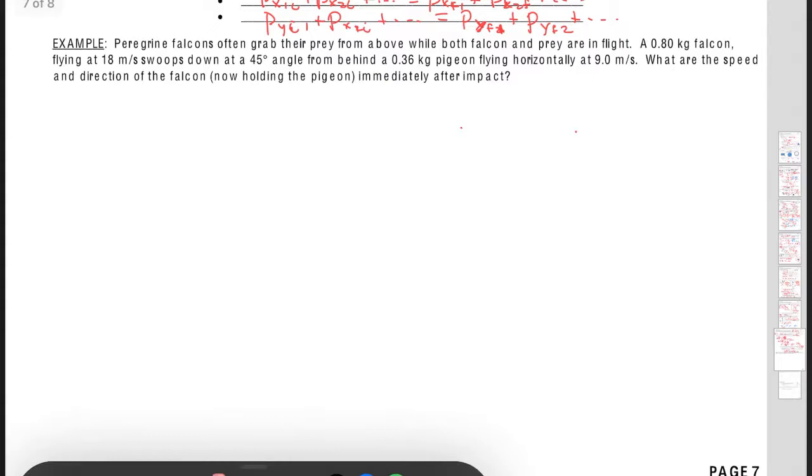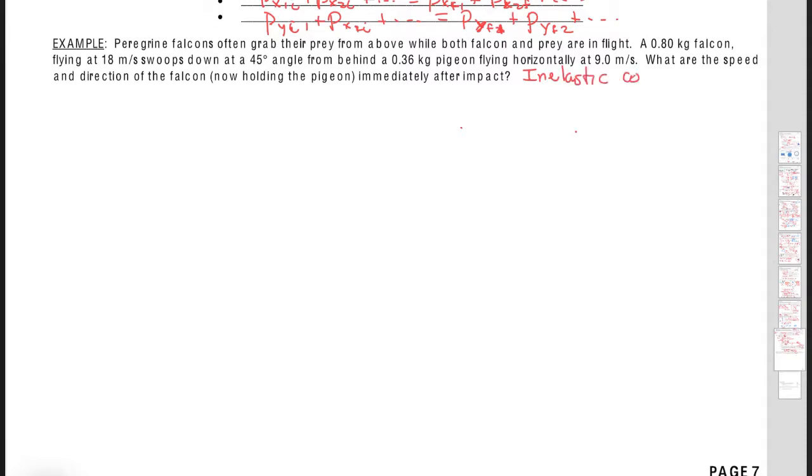So this is an inelastic collision, because after the collision, the falcon is carrying the pigeon. Basically, and this is where my artistic skills come into play, here's my falcon. It's going to swoop down, traveling 18 meters per second at 45 degrees.